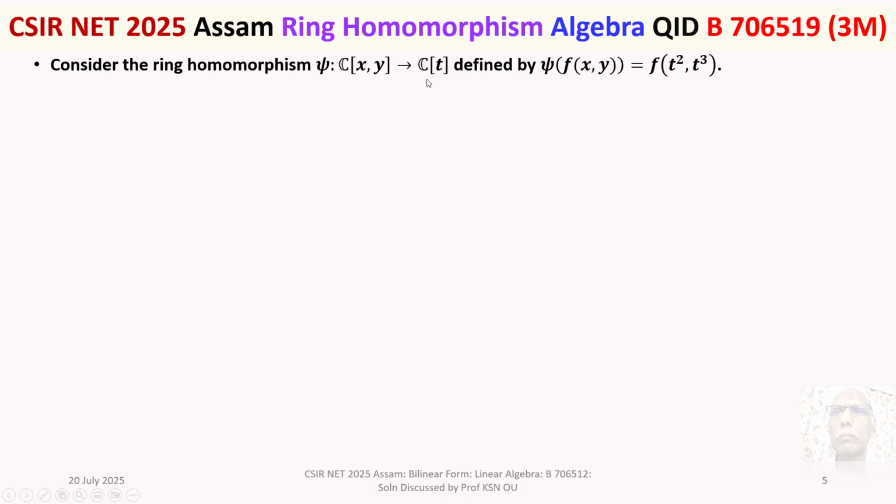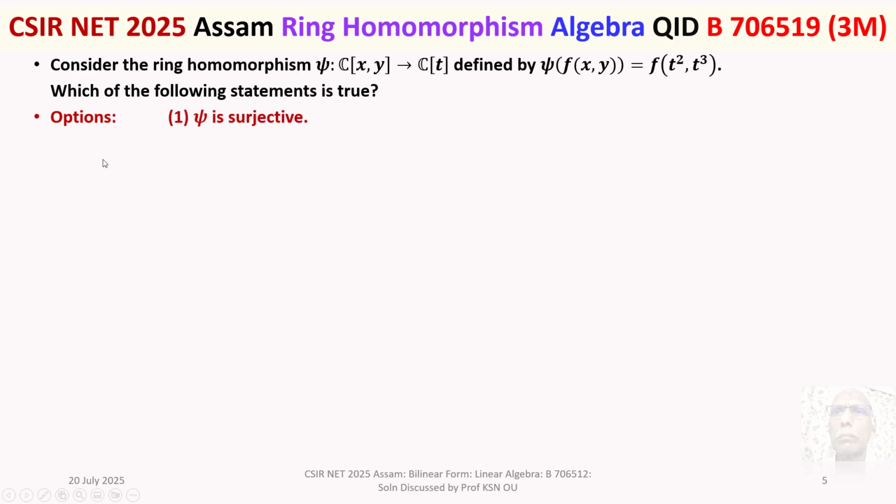It's a polynomial ring in 1 variable with the coefficients coming from C. Psi is a homomorphism defined by psi of the polynomial f(x,y) in 2 variables will be mapped to f(t^2, t^3), a polynomial in 1 variable t from C[t]. Which of the following statements is true?